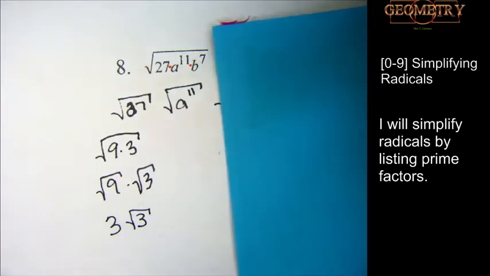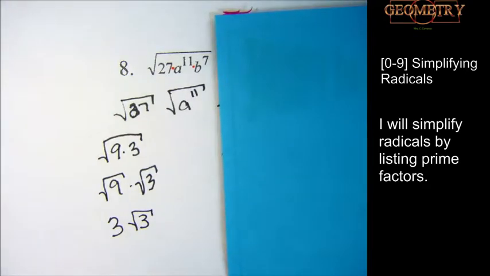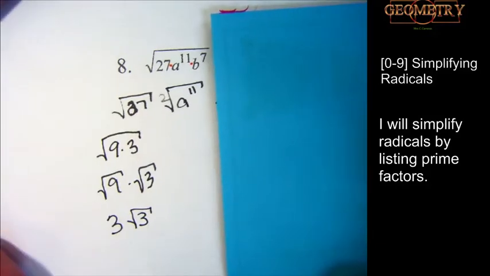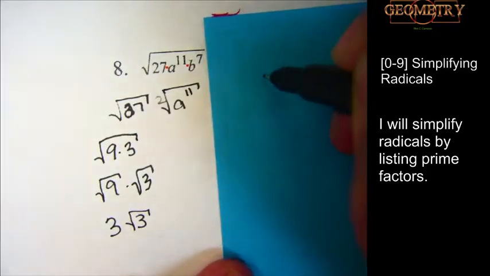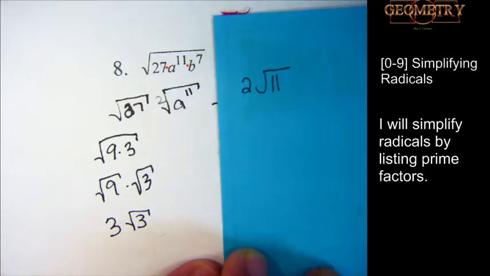Okay, now I'm going to look at the next radical. A to the 11th. What's the index? 2. So I'm going to think 11 divided by 2. I'm going to do my work over here. Do you remember doing that, like in elementary school, when you're first learning long division?